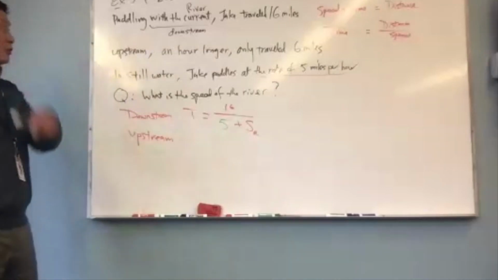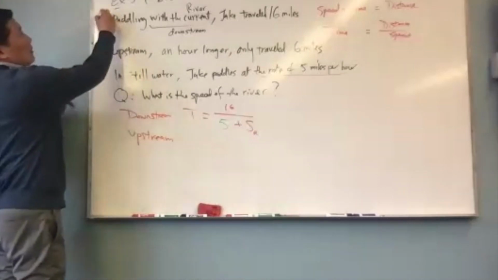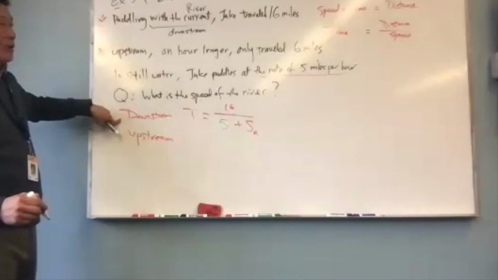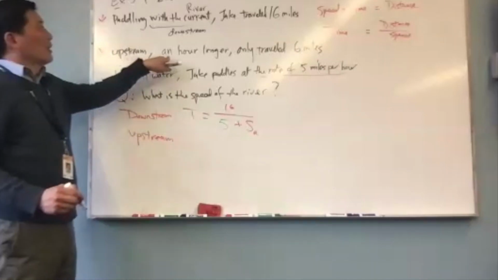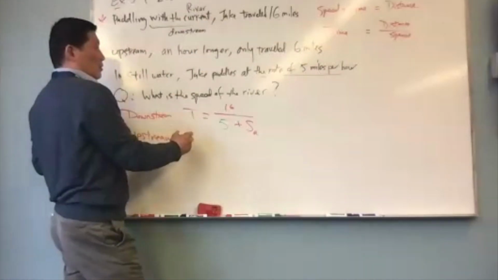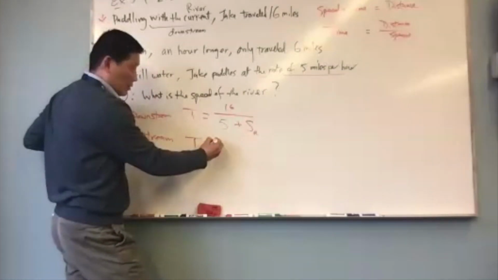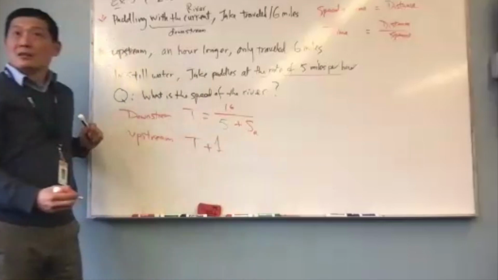Okay. What about upstream? Upstream, this is where it's a little tricky, right? Now we use the first one to come up with the first equation. The second one here says an hour longer, so it's the downstream time plus 1.